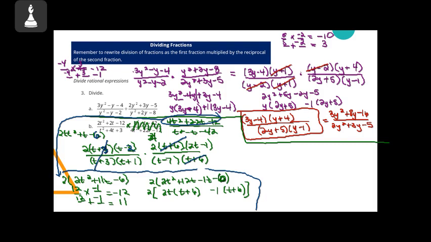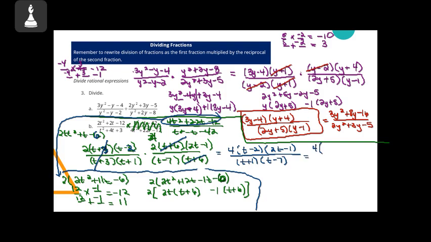If we were to multiply these out, t times 2t, 2t squared, t times negative 1, negative 1t, negative 2 times 2t, negative 4t, negative 2 times negative 1 is positive 2. Bottom, it's going to be t squared. If I add those two numbers together, negative 6t, multiply them together, negative 7.